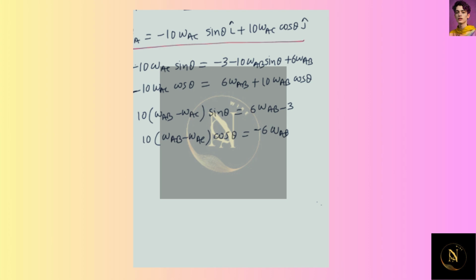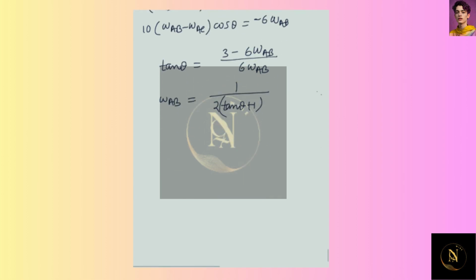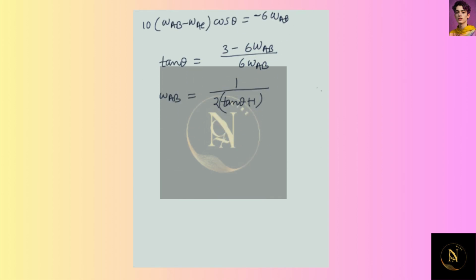Okay, so now dividing both the equations, we get tan theta equals (3 minus 6 omega_AB) divided by 6 omega_AB. And from here we get omega_AB equals 1 by 2 times (tan theta plus 1).